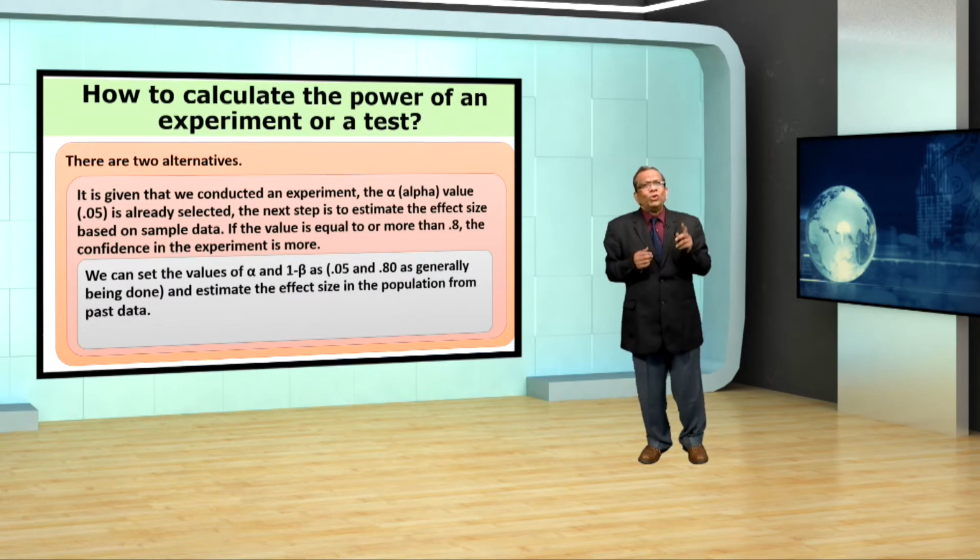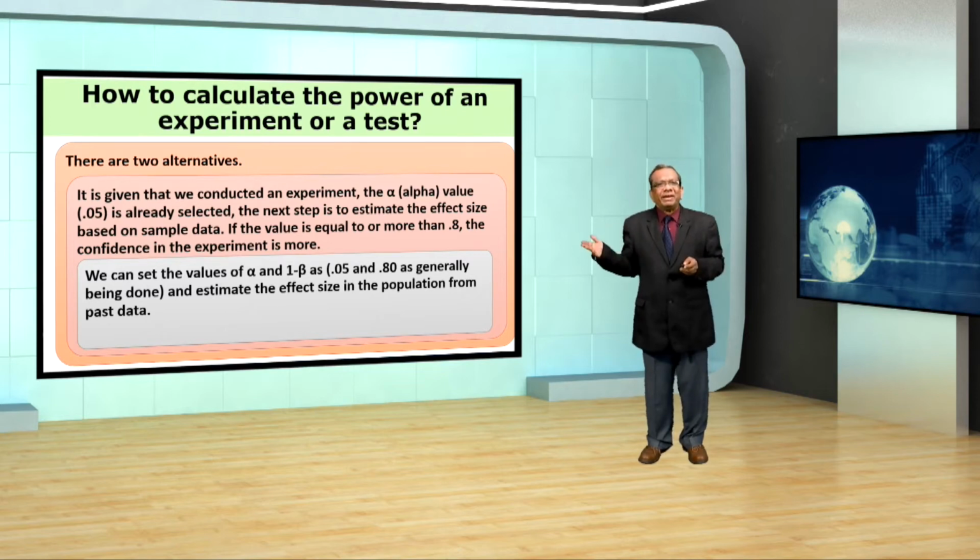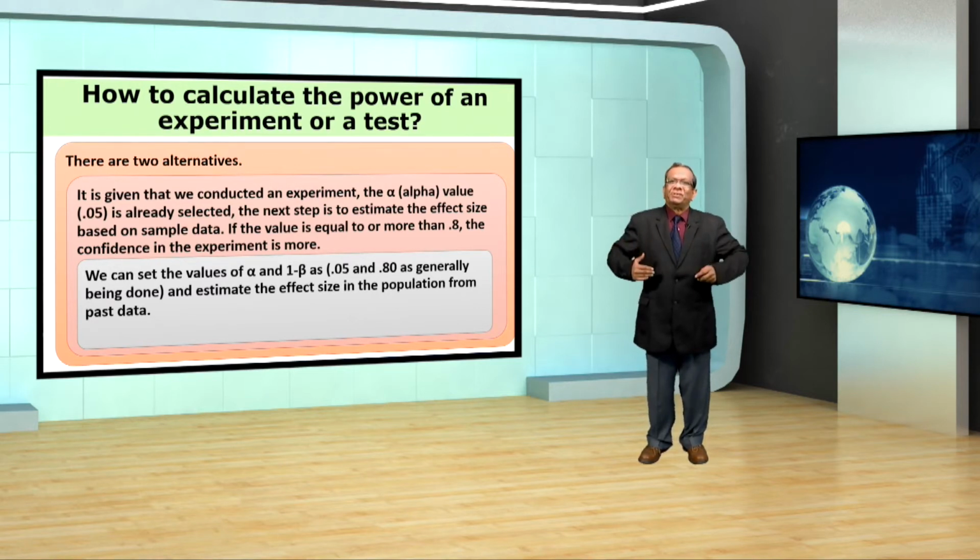Now, how do we calculate the power of an experiment or a test? There are 2 alternatives. It is given that we conduct the experiment and the alpha value is already selected. The next step is to estimate the effect size based on sample data. If the value is equal to or more than 0.8, the confidence in the experiment is higher. We can set the values of alpha and 1 minus beta as 0.05 and 0.80, as generally done, and estimate the effect size in the population from past data.